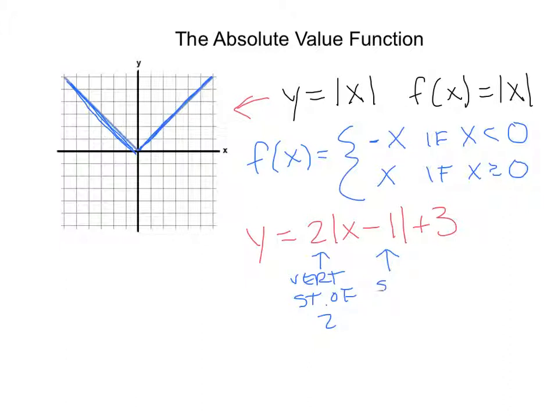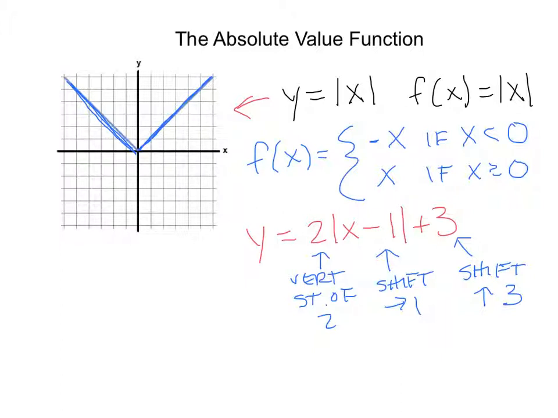It's been shifted right 1, and it's been shifted up 3. And we can graph this using our transformations, just like before. We don't even have to put it into piecewise form because it is that special absolute value function.